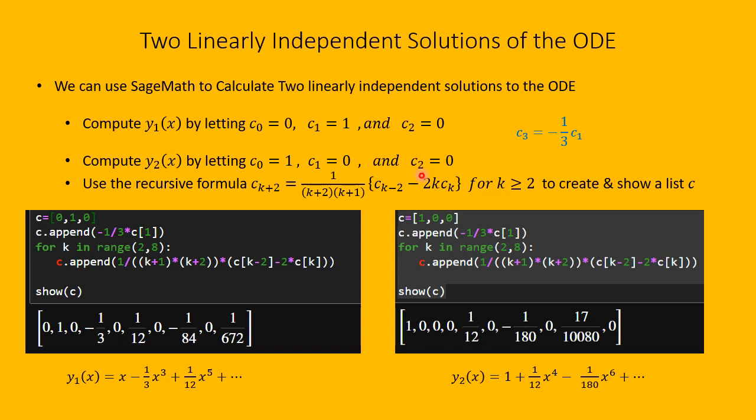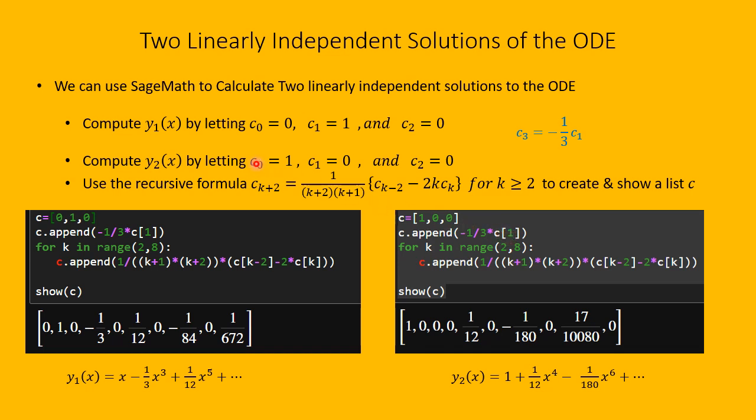So once again, we'll start by initializing a list of values and assigning it to C. And those values are going to be up here, 1, 0, and 0. And then once again, to find C sub 3, we use this formula, minus 1/3 C sub 1 equals C sub 3. And so once again, to the C list, we append minus 1/3 times C sub 1.